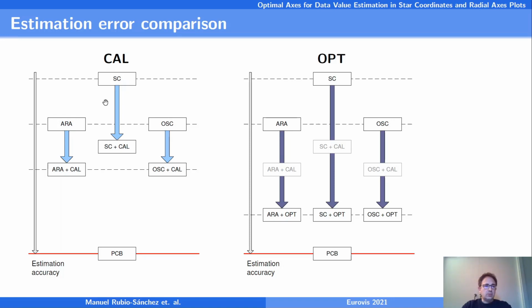So this was expected, but what was not expected is that if you apply the optimal axis, then the accuracy for the three methods is the same. So this is pretty curious. Note that the points and axis vectors in all three cases are different.